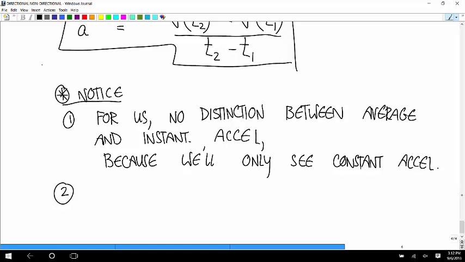Second, you can see this from the equation, if you have a zero acceleration, that means that the velocity isn't changing.